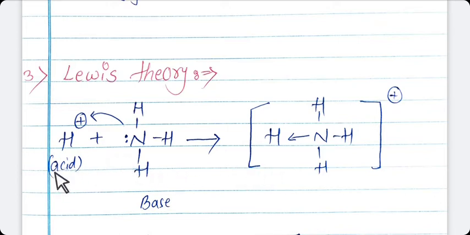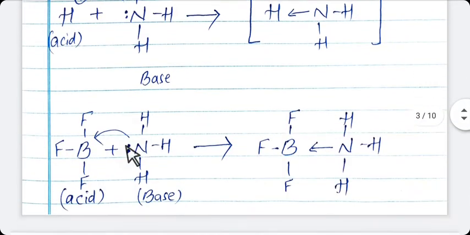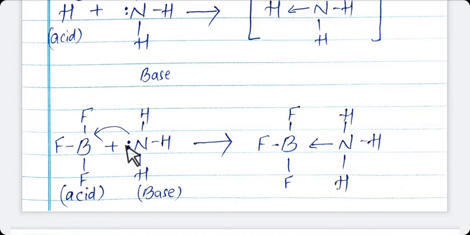H plus is the acid which accepts a shared pair of electrons, and NH3 is the base which donates a shared pair of electrons. Same here, boron trifluoride accepts an electron pair from ammonia. So according to Lewis theory, an acid is any species that accepts a shared electron pair, and a base is any species that donates a shared electron pair.